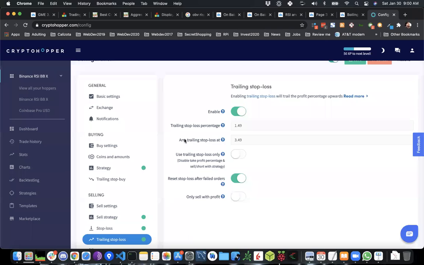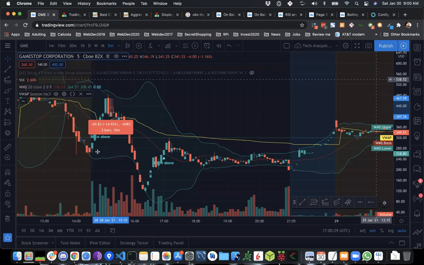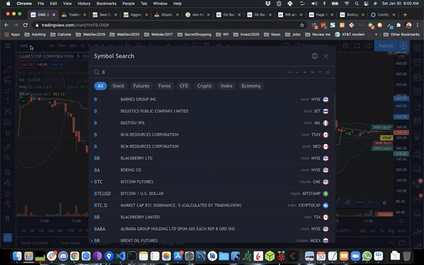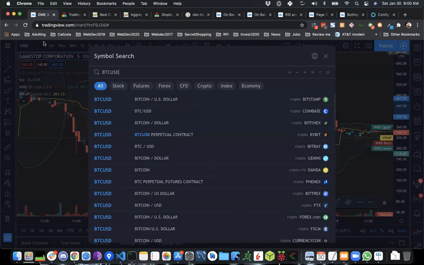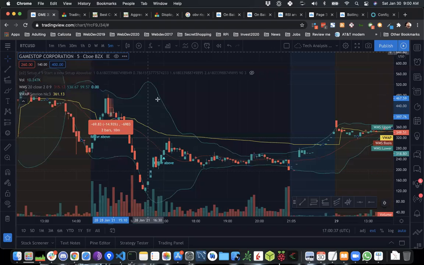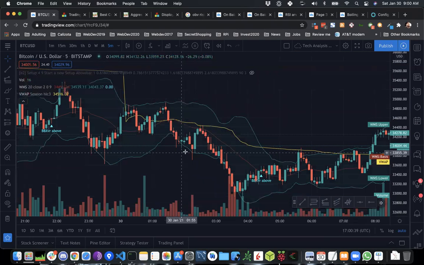And then this here, arm trailing stop loss at. So what that tells my hopper to do is, if the thing was to go up, I'm just going to pull up BTCUSD. I'll use Bitcoin for a real example.